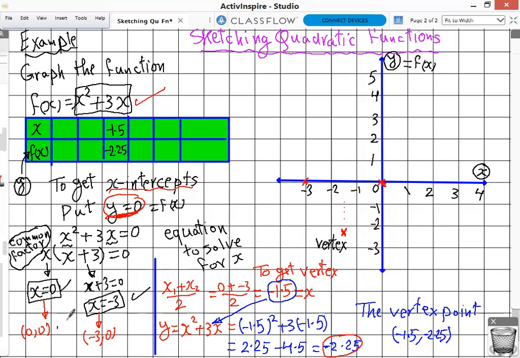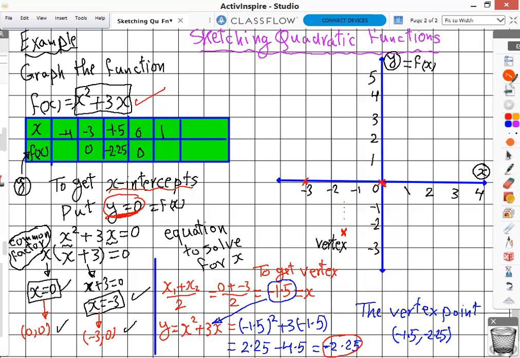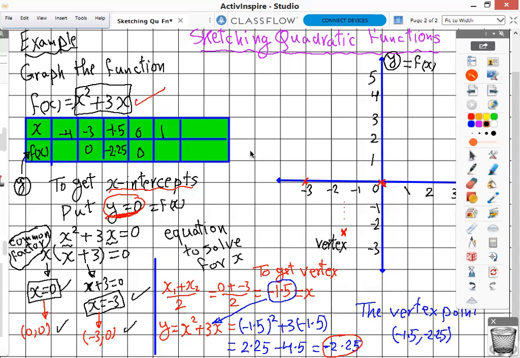Here we have the two points. Here is 0, 0. And here is negative 3 and 0. You can complete the table. You understand?